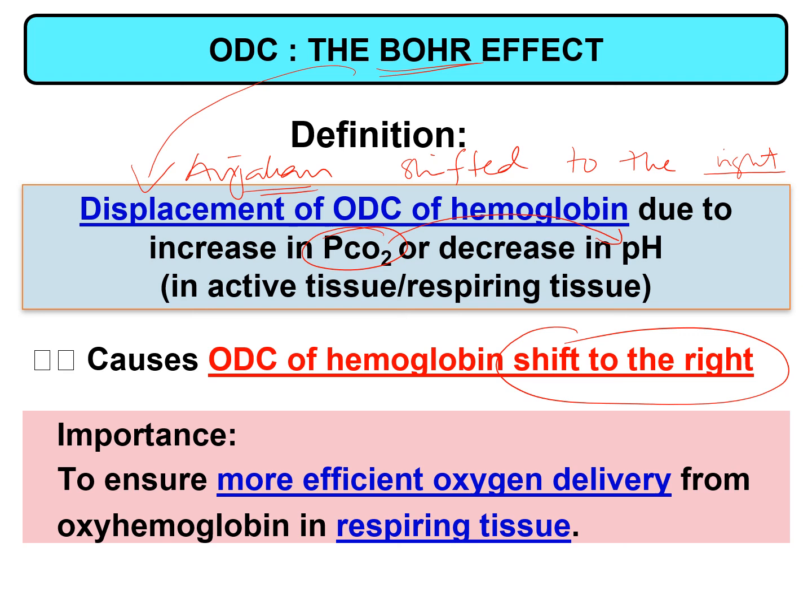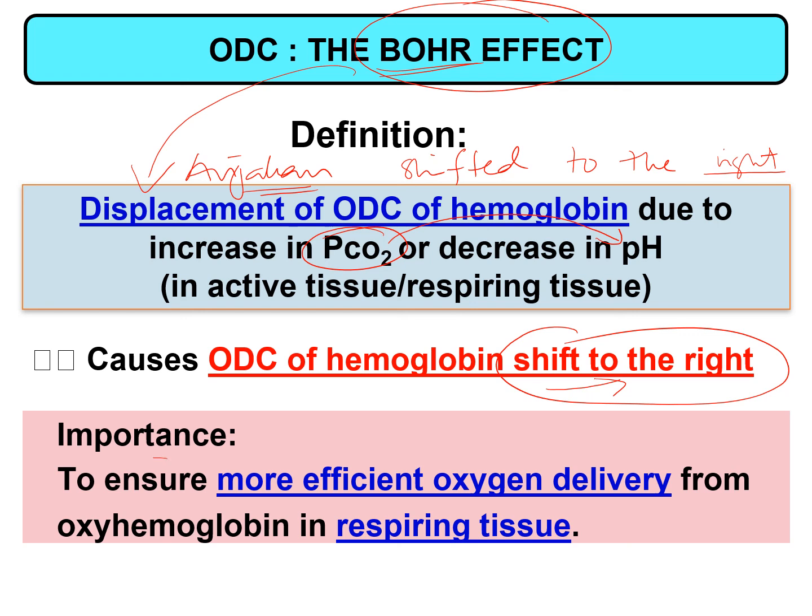Okay, the Bohr effect ni is very important. Kenapa bila ada Bohr effect ni important? Sebab bila the ODC of hemoglobin shifted to the right, meaning it shows that the oxyhemoglobin is unloading or releasing the oxygen.